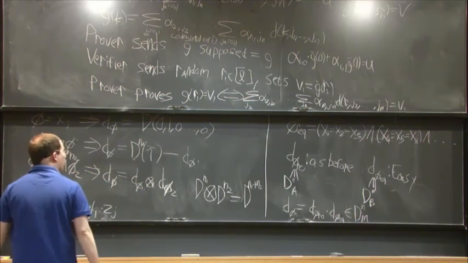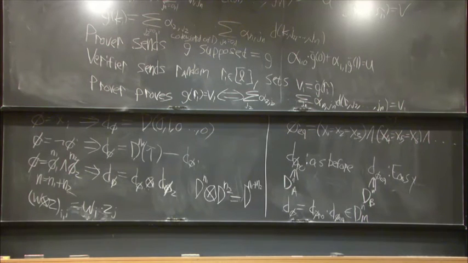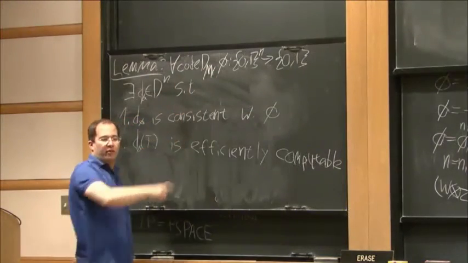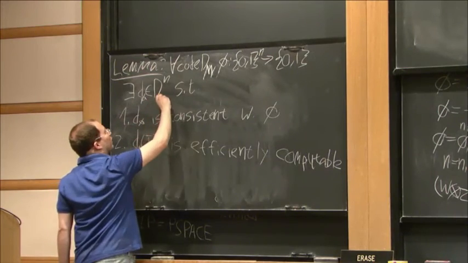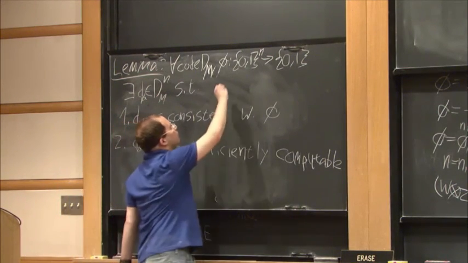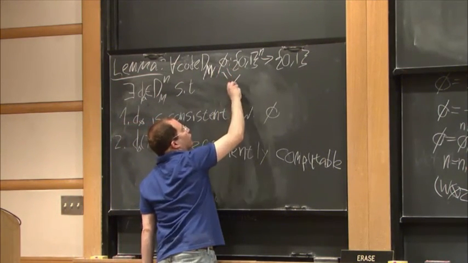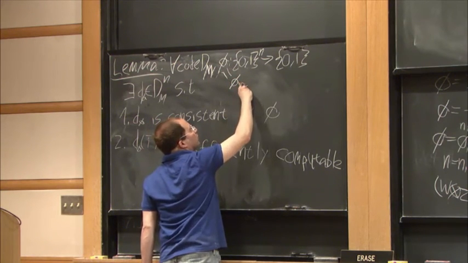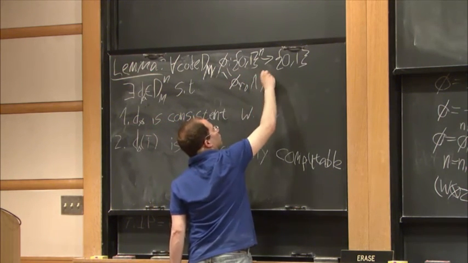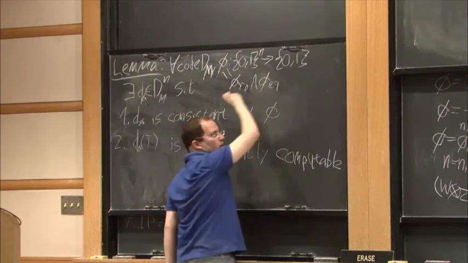Let's see. So just to correct what's written here, what we will actually need to assume is that the code D is actually the code DM from the triplet of multiplication codes, and we will have to assume that phi is of the form read once and equalities.